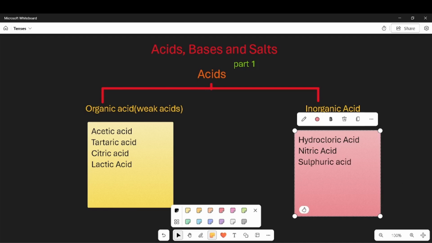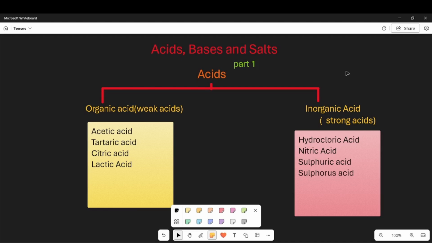Sulfuric acid is always pronounced with a PH sound, it's not FURIC. And we have another form of sulfuric acid. It's called sulfurous acid. So these are the examples for inorganic acids. Inorganic acids are also called mineral acids because they are kind of strong.